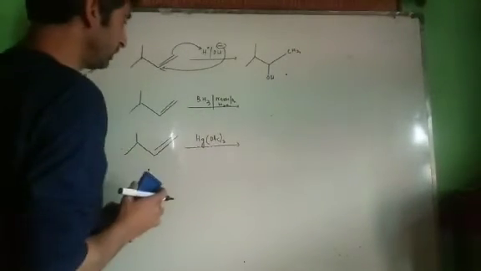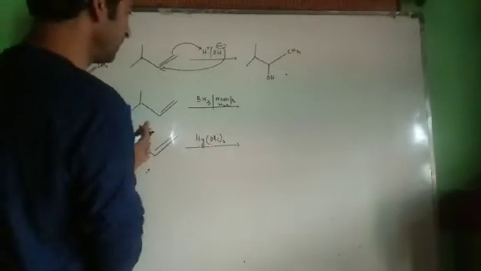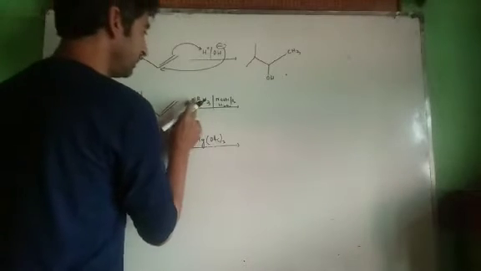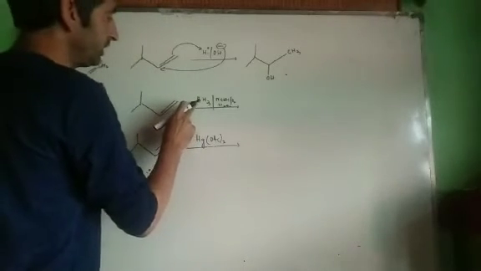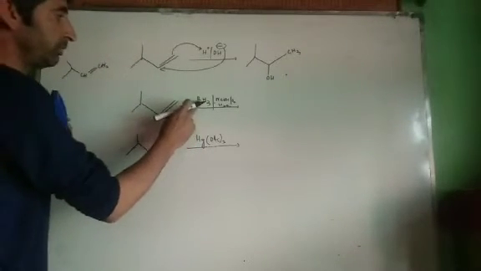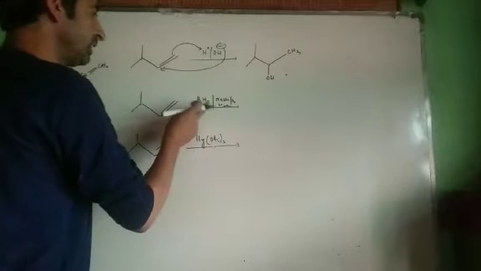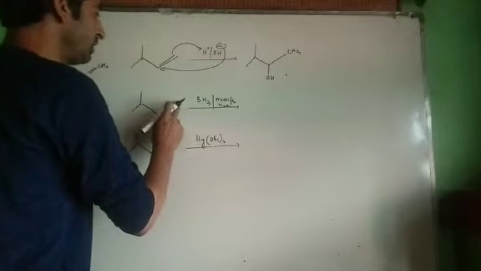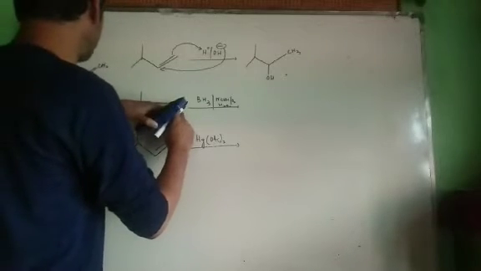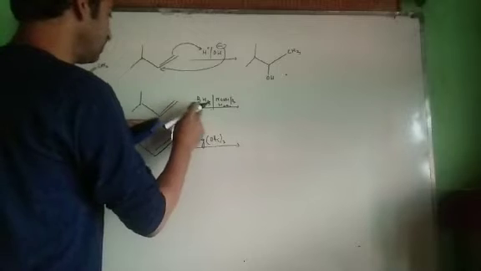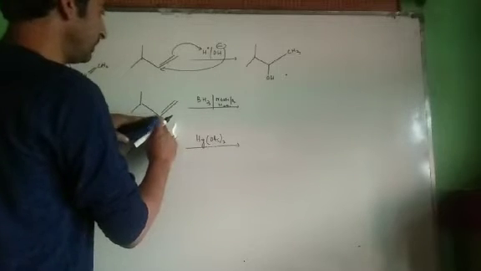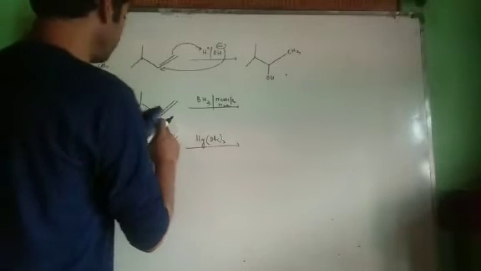Now what in case of hydroboration? The same mechanism takes place, but in case of hydroboration, the electrophile over here is boron's empty p orbital. Therefore it seems that over here hydrogen attaches to that carbon atom which bears fewer hydrogen atoms, and OH attaches to the carbon atom which bears the maximum number of hydrogen atoms.